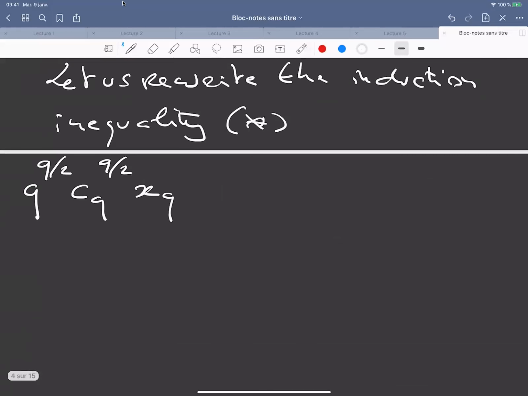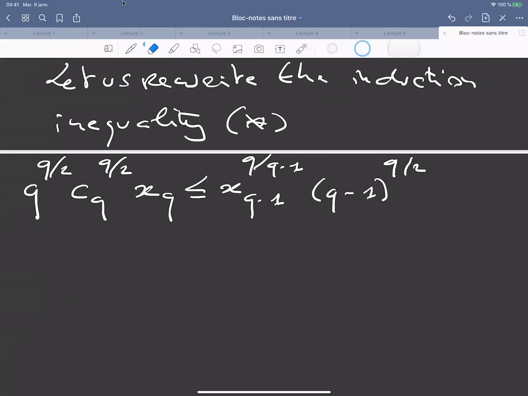And we go on like that, less than xq minus 1 to the power q over q minus 1, multiplied by q minus 1 to the power q over 2, multiplied by c q minus 1 to the power q over 2.